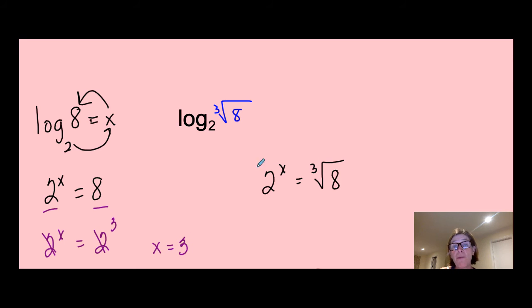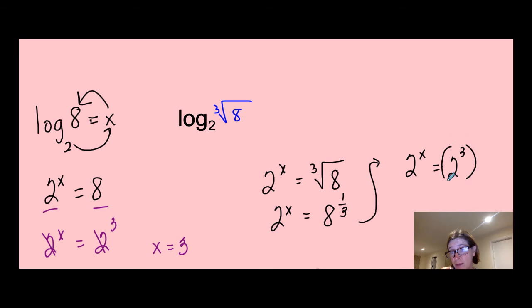Okay, so now let's go back to our problem here. Now we've got 2 to the x equals the cubed root of 8. So I have a couple of options. I could do 2 to the x equals 8 to the 1/3. I could work backwards even more and write 2 to the x equals 2 cubed to the 1/3.